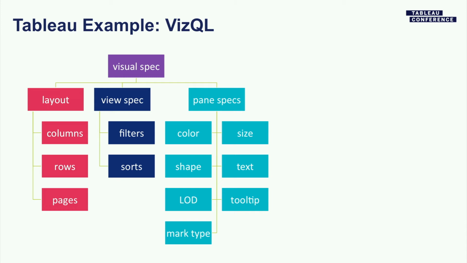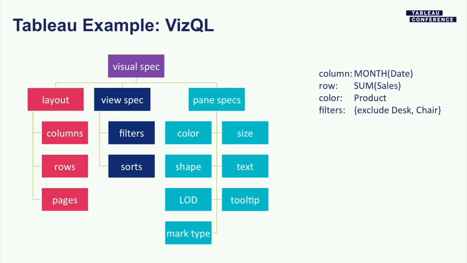And you can have multiple pane specs. So if you take more than one measure and put it on rows or on columns, then on the marks card you have the ability to change those encodings per pane. So you can have multiple pane specs in the same visualization, and it can be broken down by color in different ways, for example.